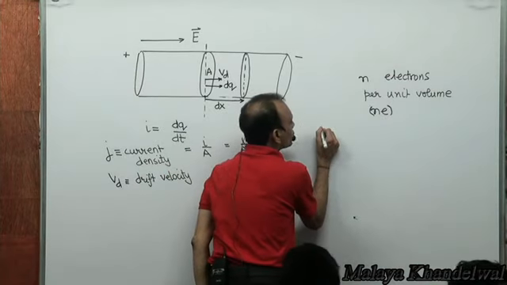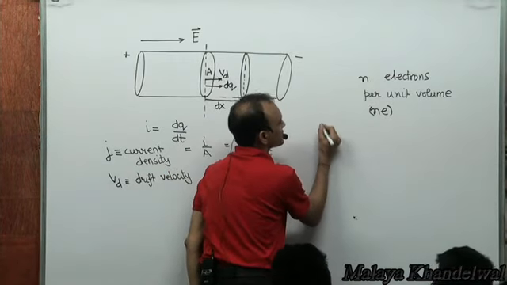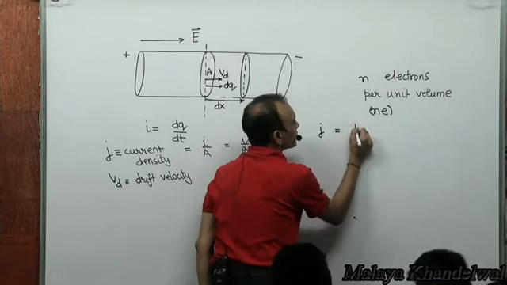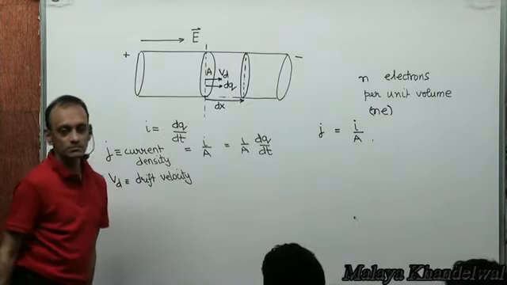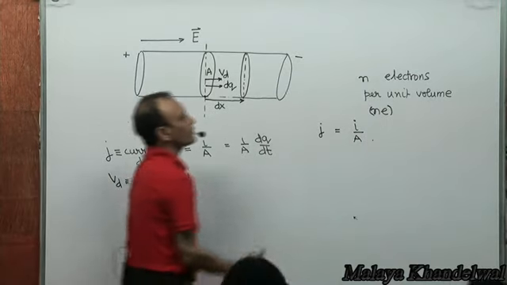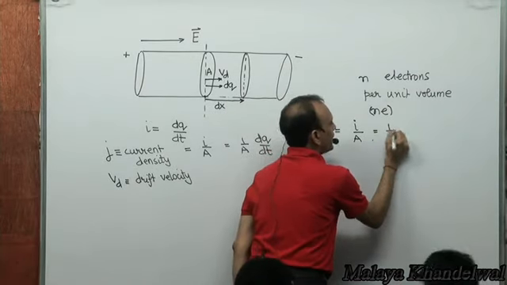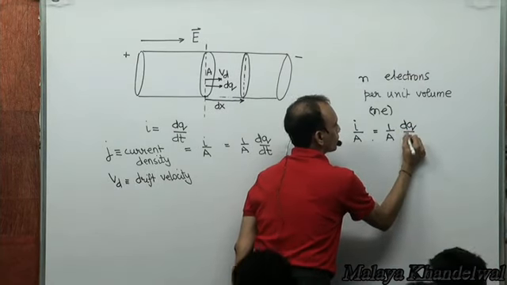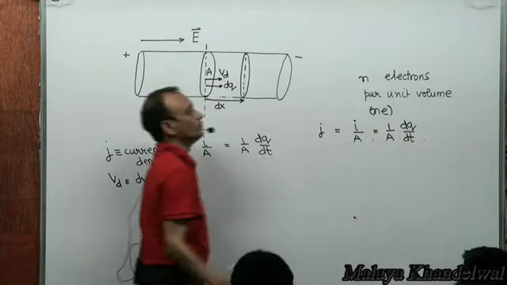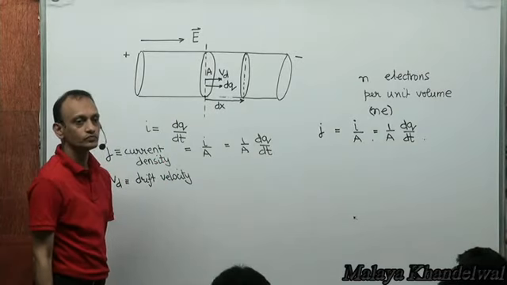Now, the current density, like I said, would be current divided by area of cross section. That's the current density, right? Which is like 1 by A dq dt. Yes or no?